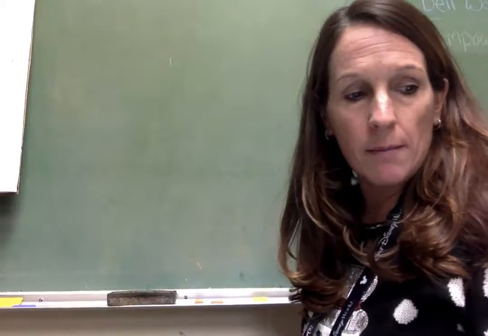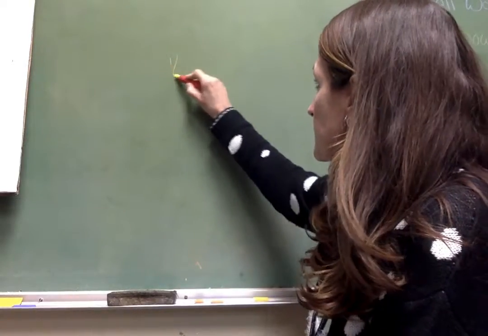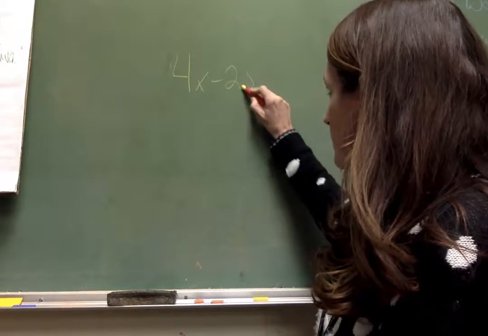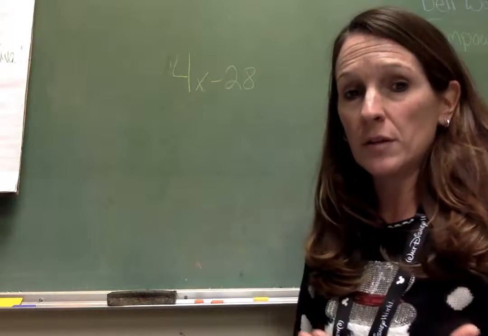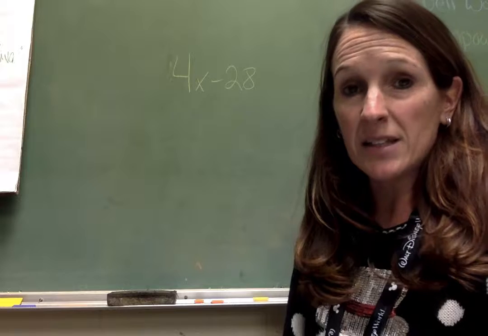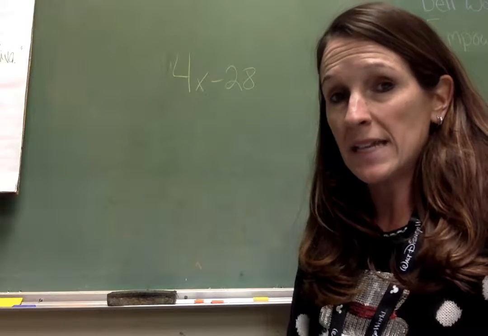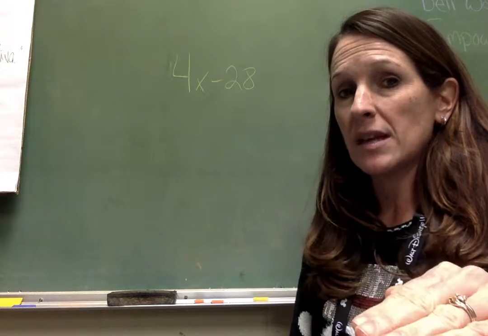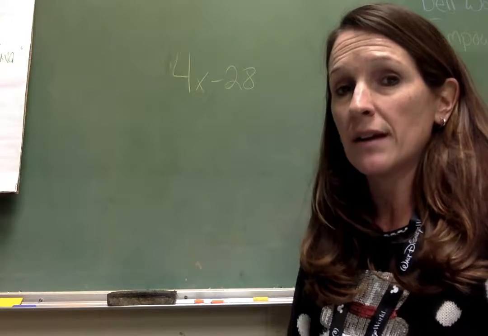Let's do 4x minus 28. Okay, once again, we're going to follow the same pattern. The first step is to factor out the 4 and the 28, and we're going to go down, keeping every last number on the same level, and we're going to factor it down until we get down into prime numbers.